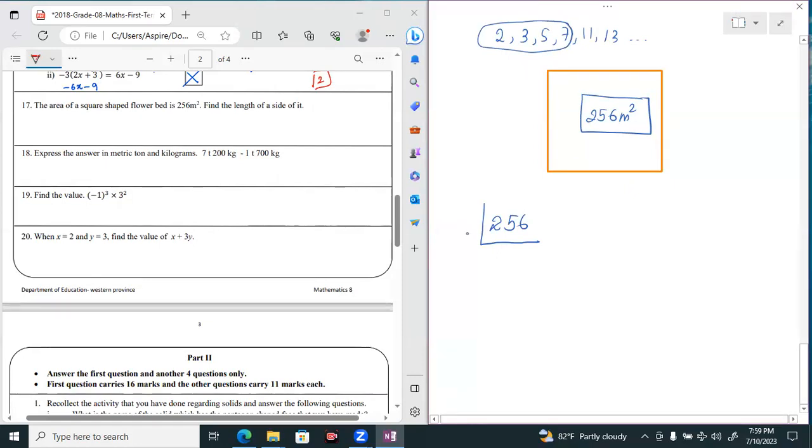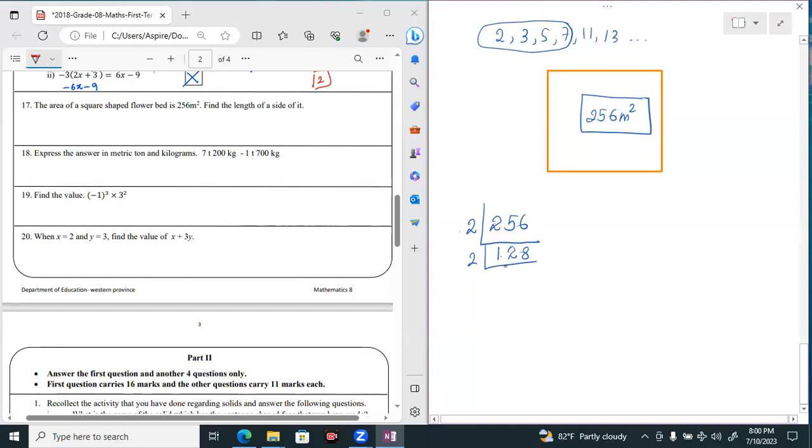256 is divisible by 2. So divide. It is 128. Again divide by 2. That means how many 2s for 2? It is 1. Then how many 2s within 5? It is 2. Remaining 1 is taken with this 6. Then 16. For 16 it is 8. Okay.